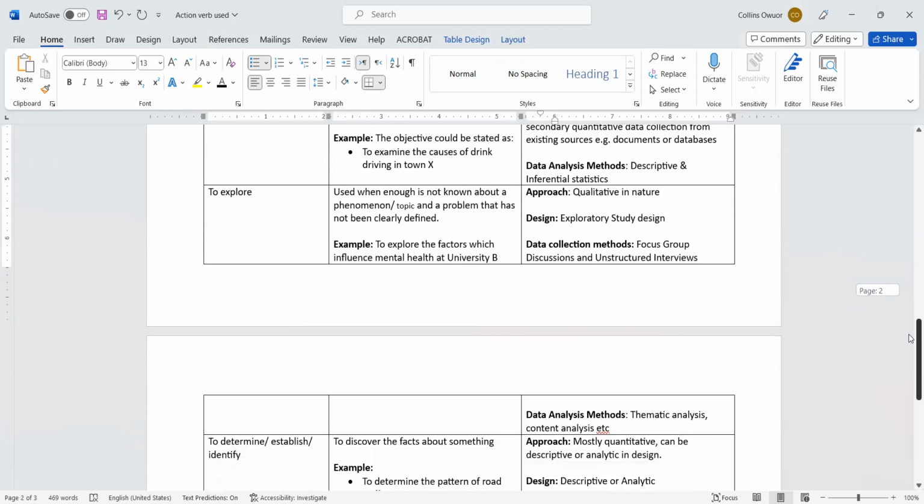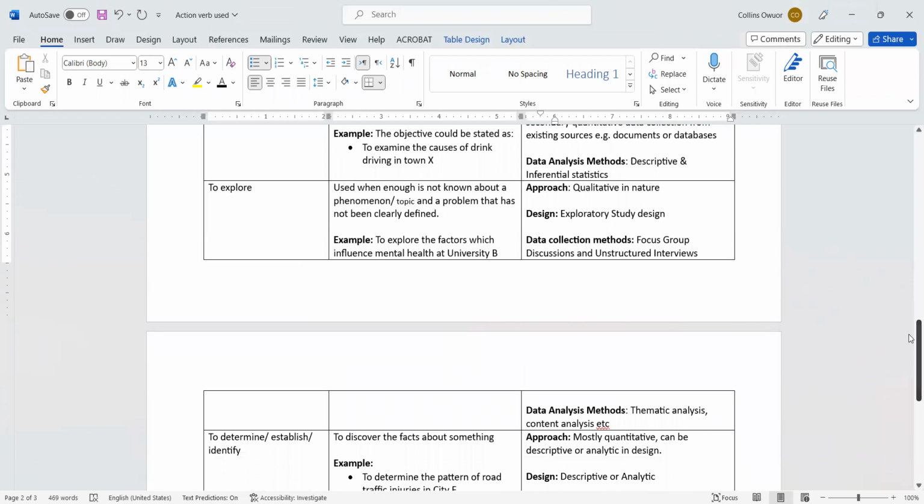Then we have to explore. That's the next action verb that you may use in an objective. It is used when enough is not known about a phenomenon or topic, and a problem has not been clearly defined.